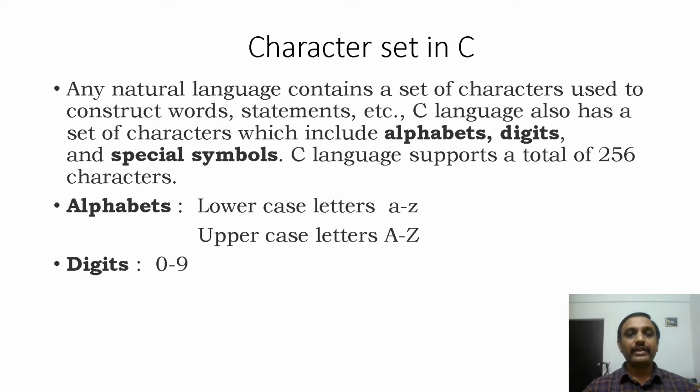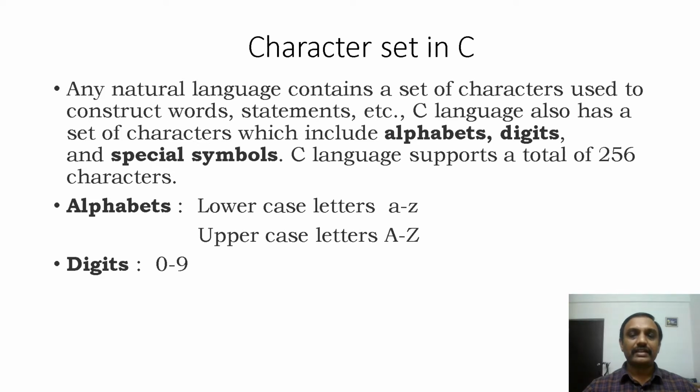To learn any natural language like English, Hindi, Telugu, we need to know what are the alphabets required in that language. Like that, in C language also, first we have to know what is the total character set.